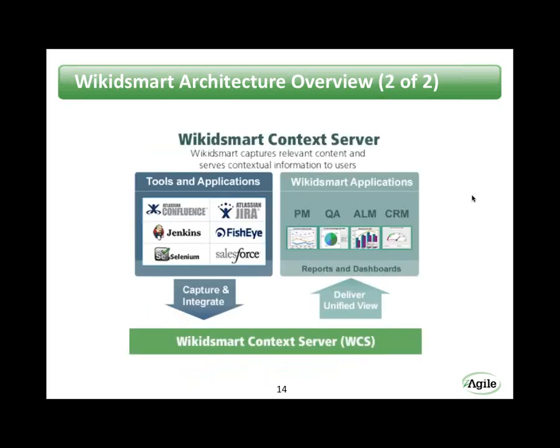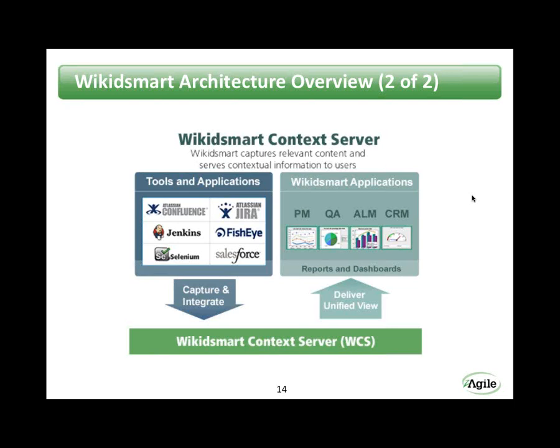Now, the second page shows, as a benefit of this contextual integration, we can now serve powerful new applications, one of which is the subject of the webinar today, QA. So what's happening, again, on the left is we're integrating the content from the tools and applications. It's going down below with this Wikidsmart context server.